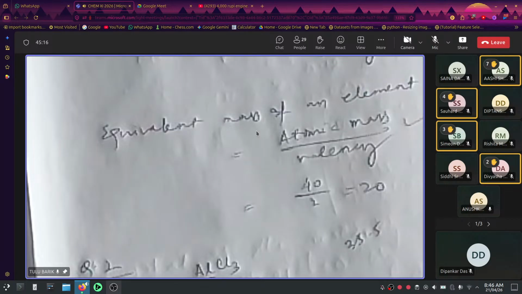Then Devraj, Dhansu. Yes, sir. Beta, any problem, please ask. No, sir. Could you calculate the equivalent mass of zinc?